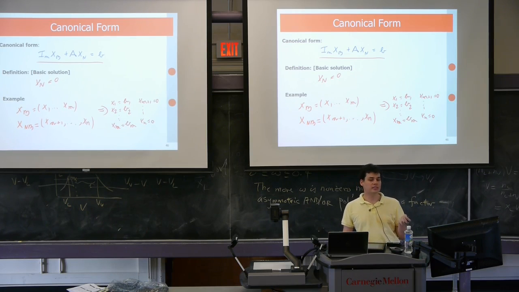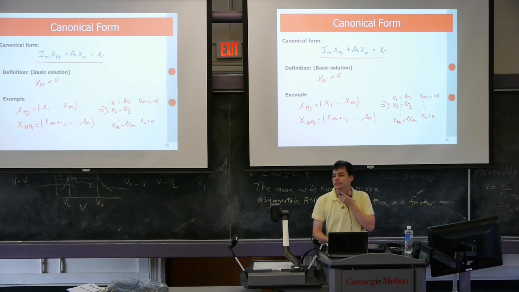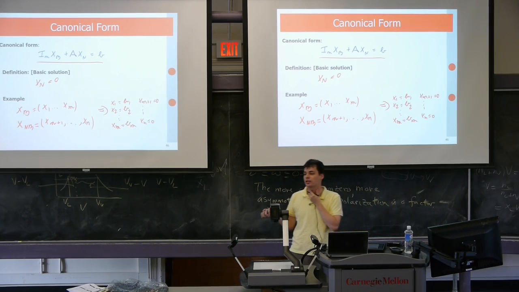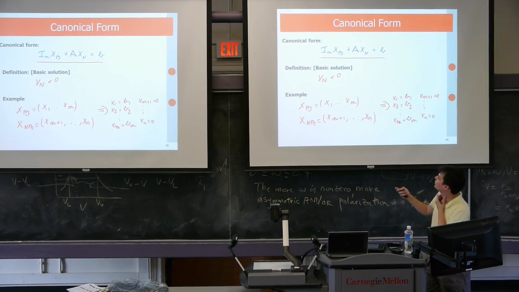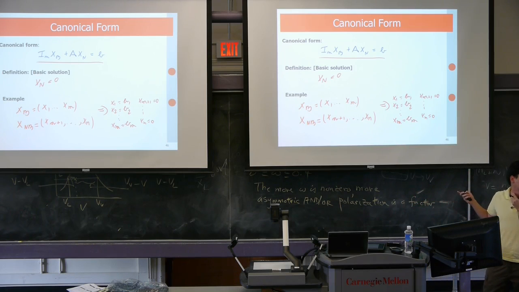And this solution is feasible when? What was the constraint for a feasible solution? That all the x variables are non-negative. So when is this solution feasible? When vector b is non-negative, right?